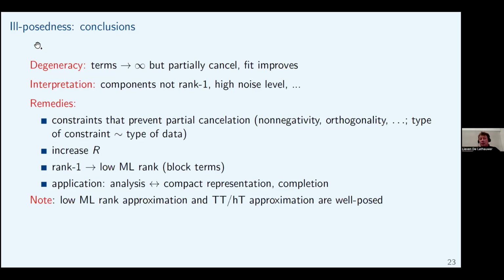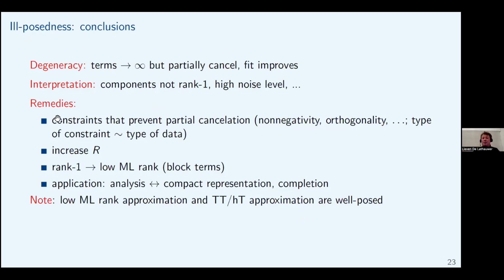If you see this ill-posedness and rank 1 terms going to infinity and partially canceling out, you can also see this as a benefit. Namely, you see that something is going wrong. And if something is going wrong, the algorithm is trying to tell you something.